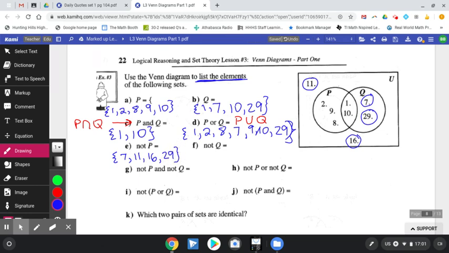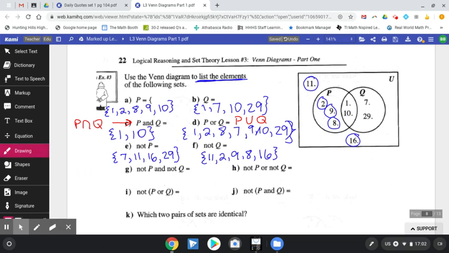Not Q is everything that is not in Q. So that would be 16, 8, 9, 2, and 11. Those are all the elements that are not in Q. Okay, and remember with symbols, not P would be the complement of P, and not Q would be the complement of Q.